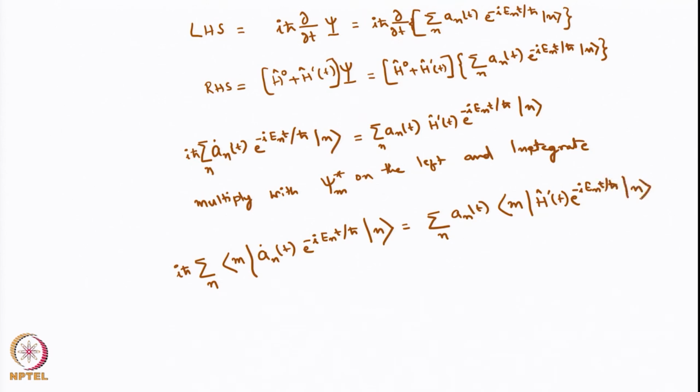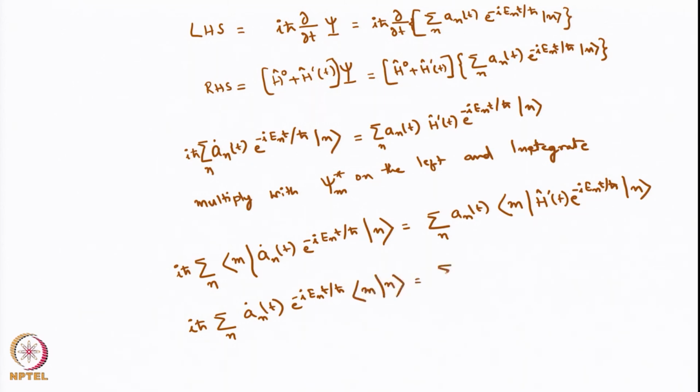Okay. So, this we can rewrite as i h bar sigma over n a n dot of t e to the power of minus i E n t by h bar bra m ket n.